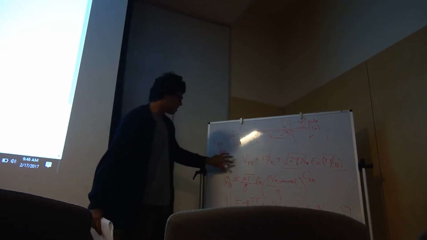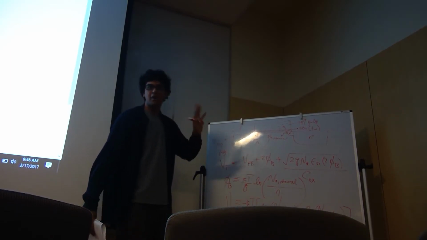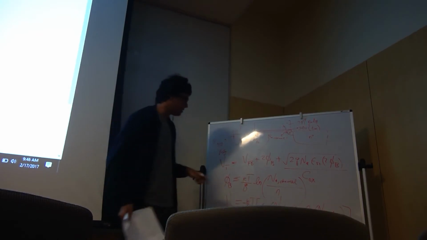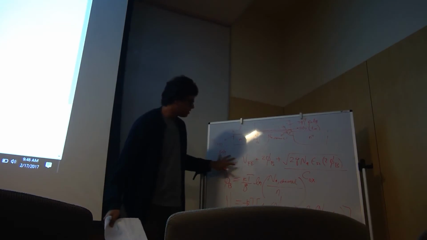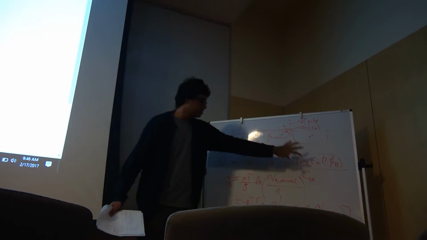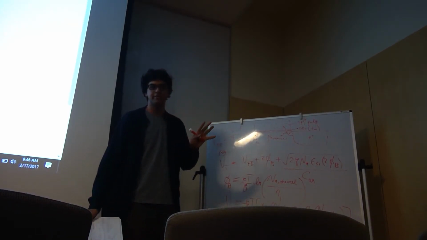In order to understand this flat band voltage, I need to draw the band diagram and understand the flat band condition when I don't apply a bias, but just forget this for the moment. The applied gate voltage is equal to the voltage drop in the semiconductor plus the voltage drop in the oxide. That's all it is, okay? It's just a KVL equation.